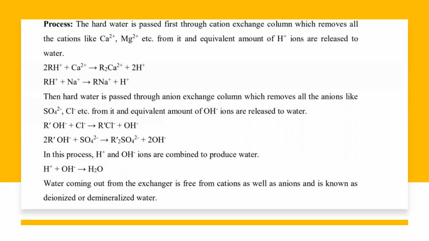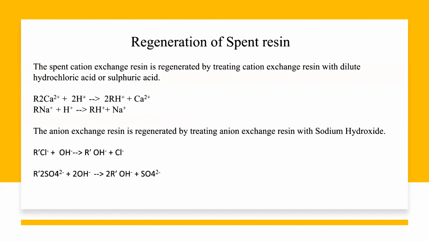Water that is coming out from the exchanger is free from cations as well as anions, and this water is called deionized water or demineralized water. And this particular ion exchange method is used in AquaGuard water purifiers.